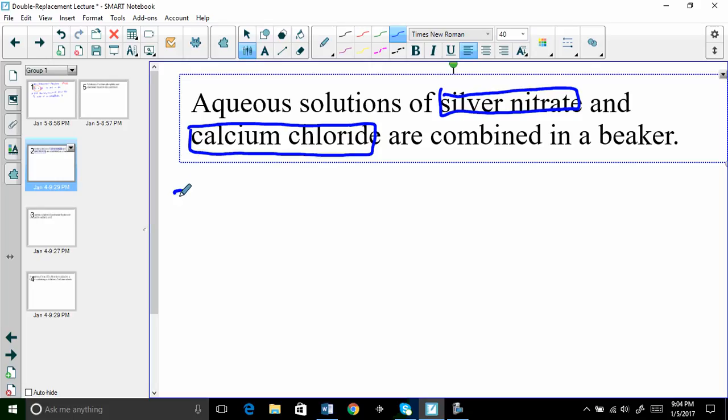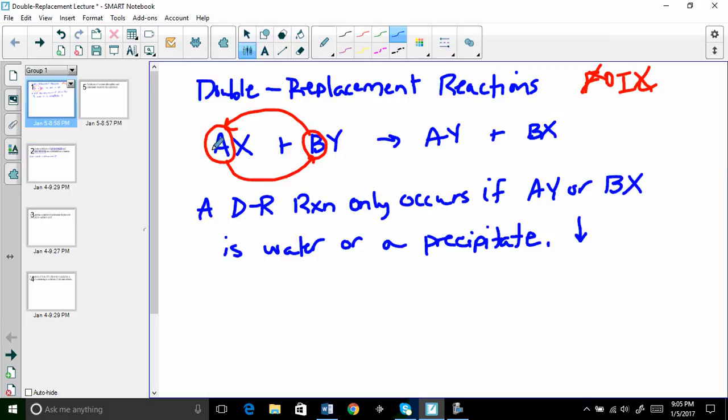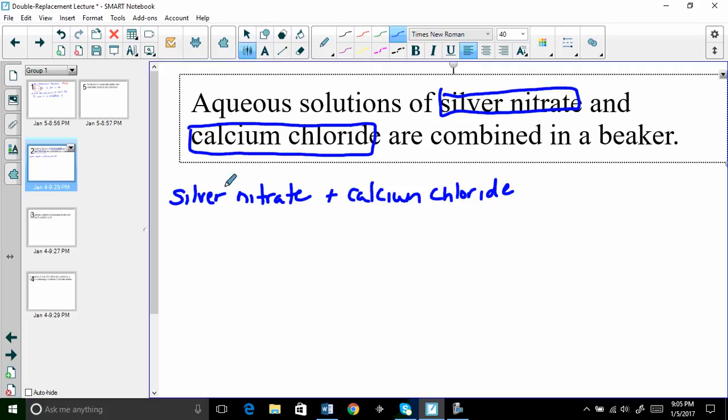So the first thing I do is write the two reactants on the left: silver nitrate, that's a double, and that reacts with calcium chloride, that's a double. Let me go back a slide. There has to be a positive ion and a negative ion and a positive ion and a negative ion. Remember, when we were doing single replacement, you had one plus a double. Another way of saying it is you need to have two compounds.